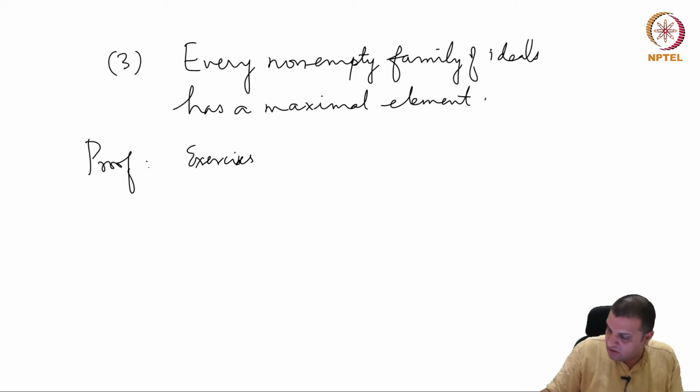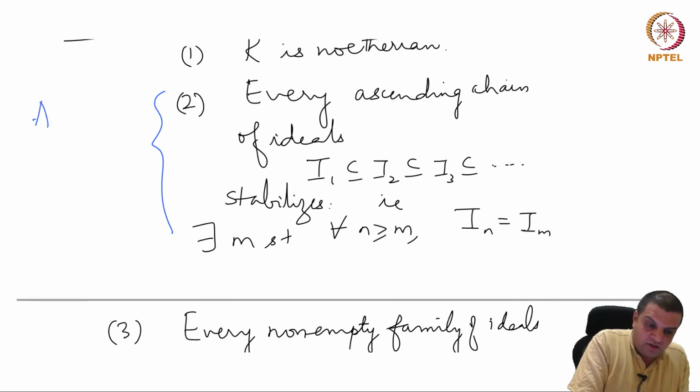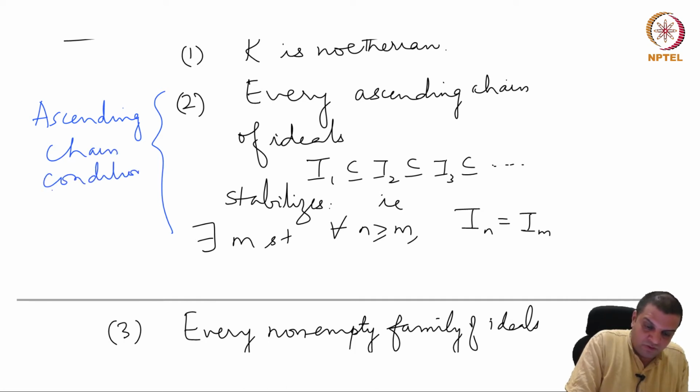And condition 2, which says that every ascending chain of ideals stabilizes, is often referred to as the ascending chain condition. In other words, sometimes A.C.C. on ideals.